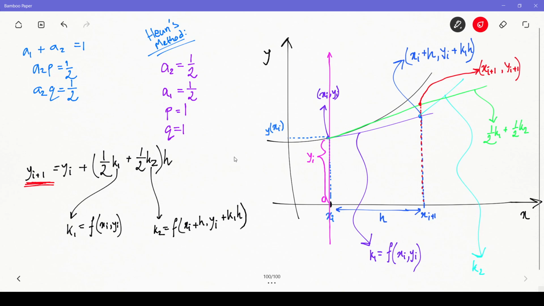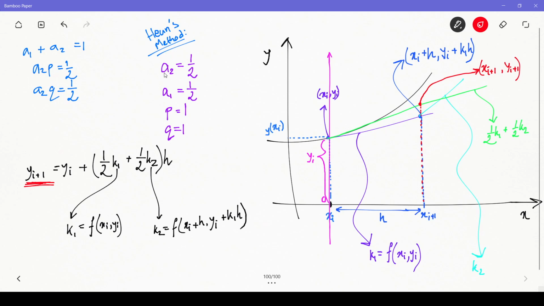Okay, I think you guys have understood Heun's method by now. The simple assumption is that we'll assume the value of a2 to be half, which of course implies that the three other unknown quantities will be a1 equals half, b equals 1, and q equals 1.